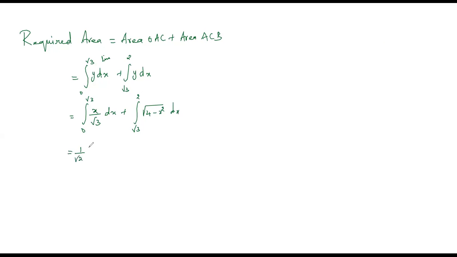The integration of x is x squared by 2. Keep the constant 1 by root 3 outside. The limit is from 0 to root 3, plus what's the integration of this?